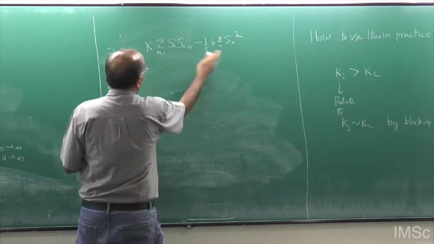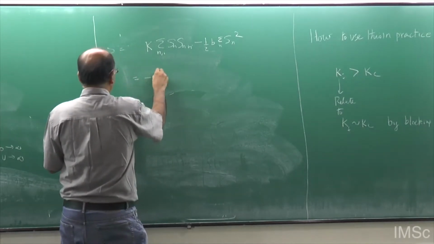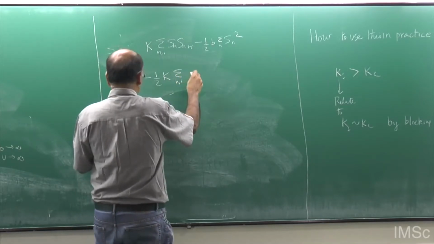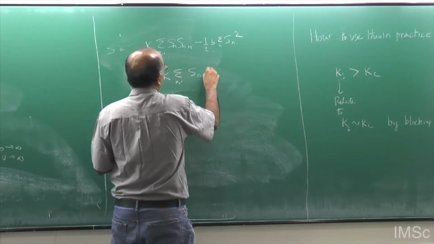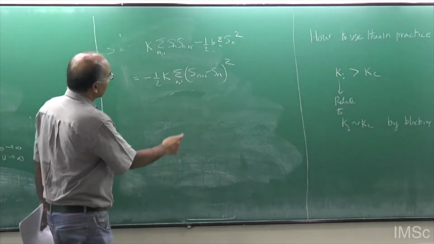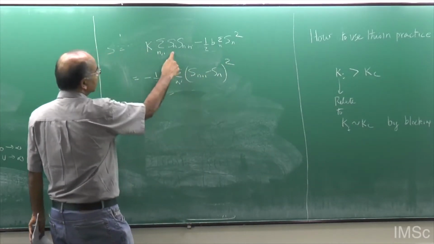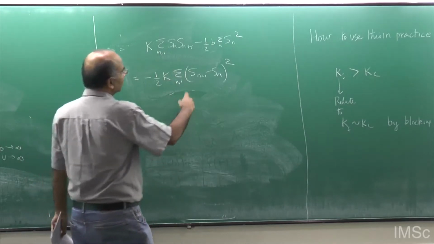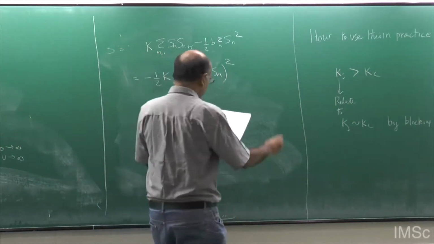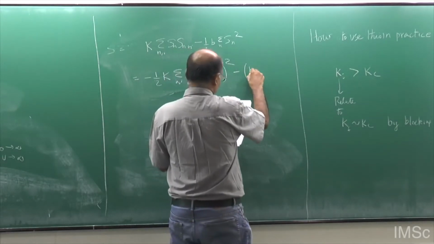So I'll complete the square and write it like this, minus half K sum over n, Sn plus I minus Sn squared. So the cross term here is this term, and then you have to subtract some squares to make it equal to that, and what you subtract is this.